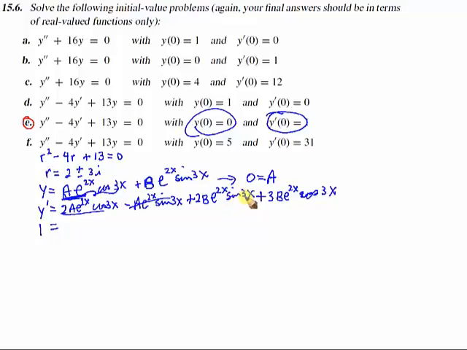Sine 0 is 0, so that's gone too. And here we've got 3b e to the 2x. 3b e to the 0 is 3b. Cosine 0 is 1, so that comes out to be 3b. So all of this comes out to be just 3b, which gives us b is 1/3. So taking our solution here, we would say y equals, and that's our answer.